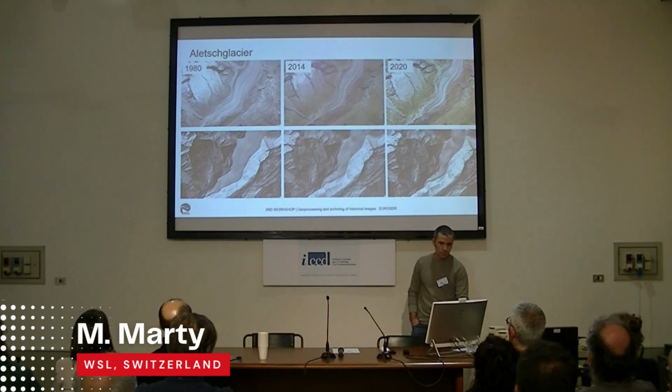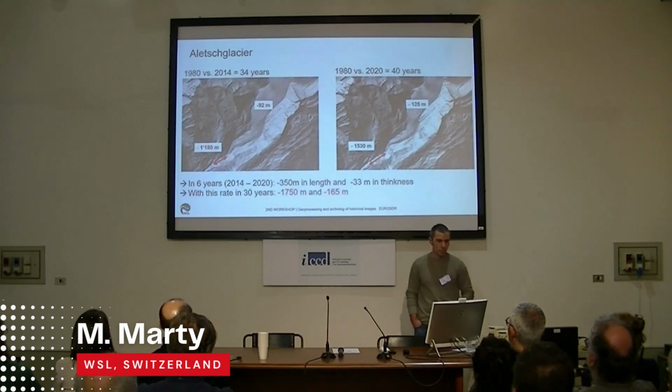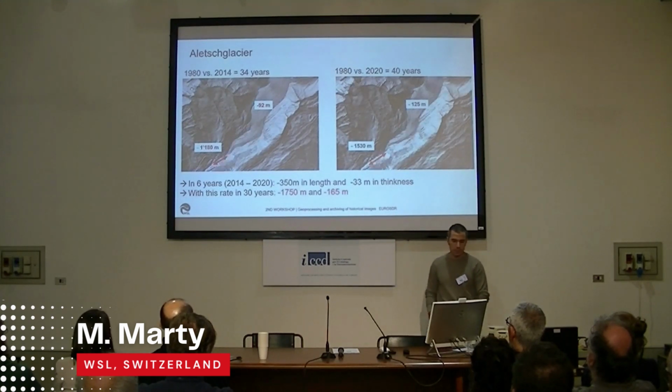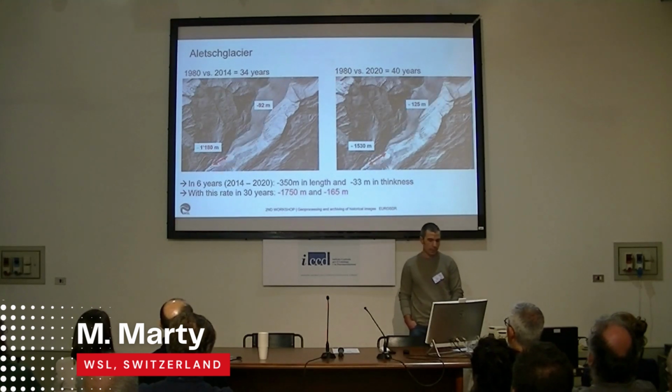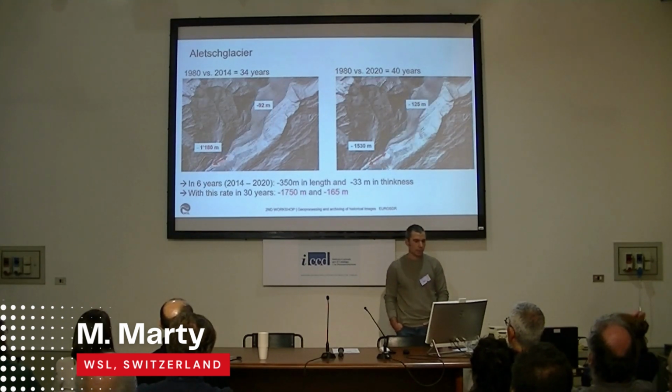and do some rough estimation of the changes of the glacier by taking the difference between the DSMs. And if you do so, you see that in the 34 years between 1980 and 2014, the glacier lost 1,200 meters in length, and at just a random point on the glacier tongue you see that it lost 90 meters in thickness.